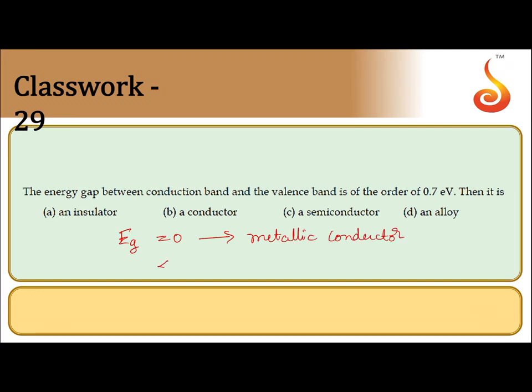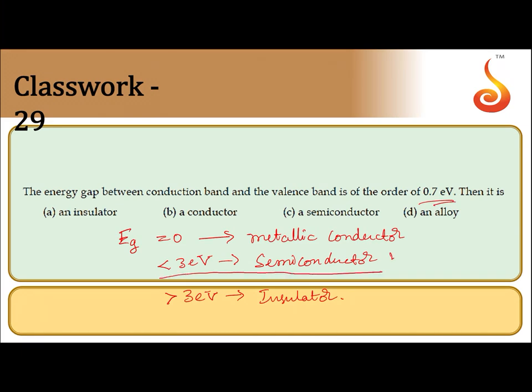If this energy gap is less than 3 electron volt, then it is a semiconductor. If it is greater than 3 electron volt, then it is an insulator. What they have given is 0.7 electron volt, that is less than 3 electron volt, so it must be semiconductor. Option C it is.